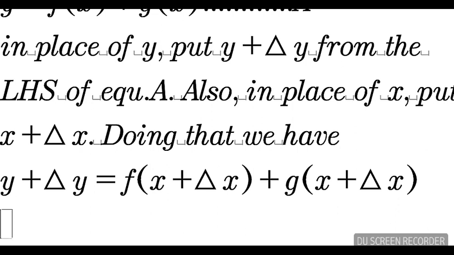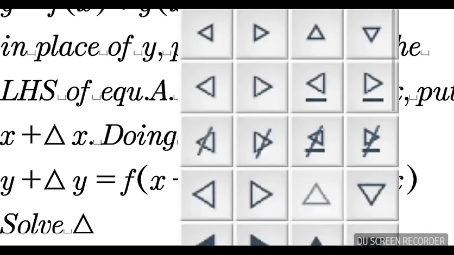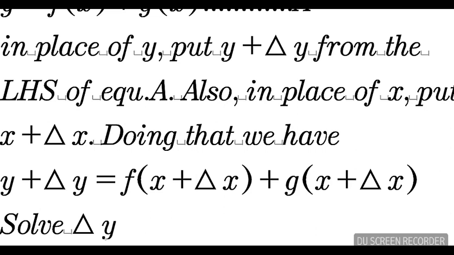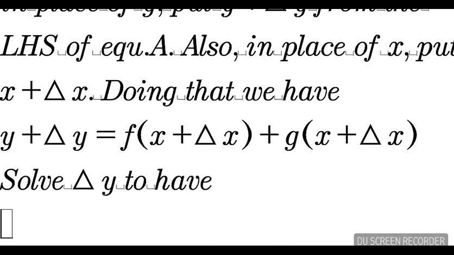Let us solve for delta y. To solve for delta y, we take y from the left hand side across to the right hand side, such that the plus sign changes to minus.